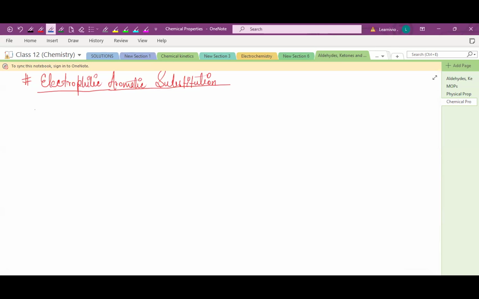Due to the presence of the minus M effect. Okay, I've already explained this in detail when we were doing the alcohol chapter.